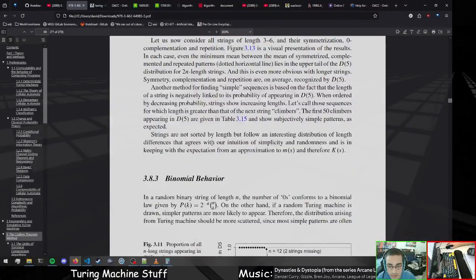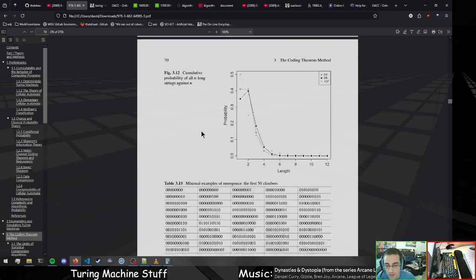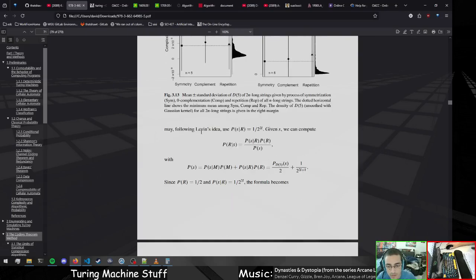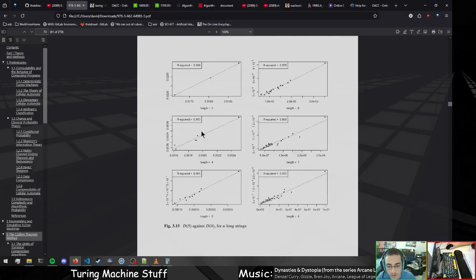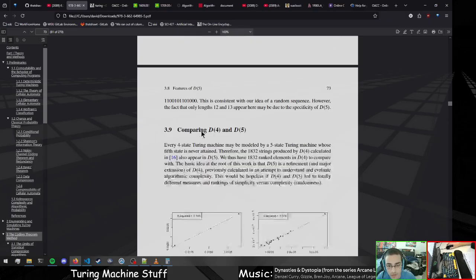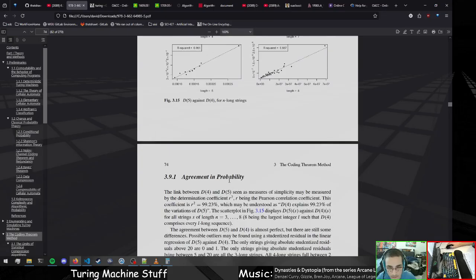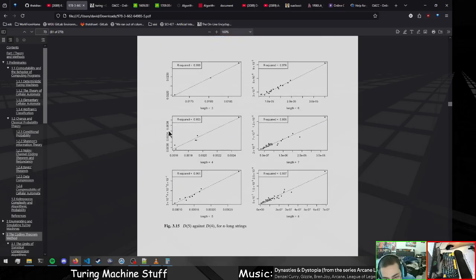Okay. So they're comparing these. So these are the probabilities.